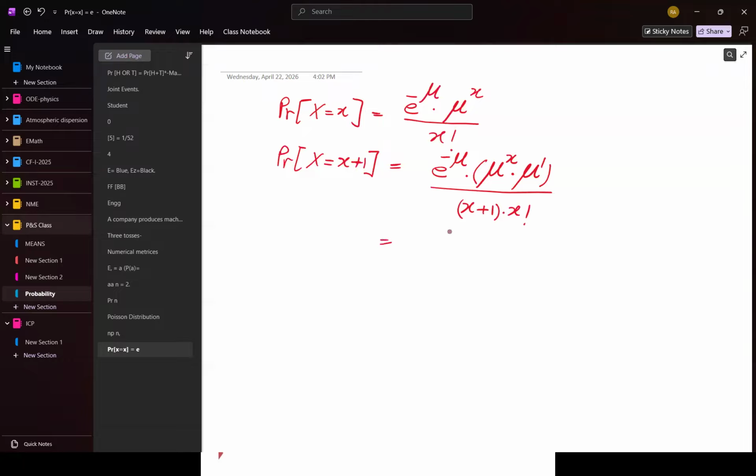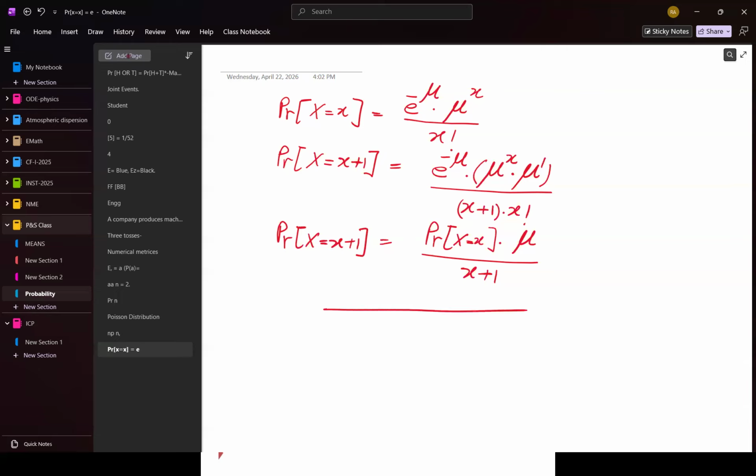This reduces the expression to the previous calculation when x was equal to x, times mu value, and the whole divided by x plus 1. So the calculations can be performed from this recursive expression.